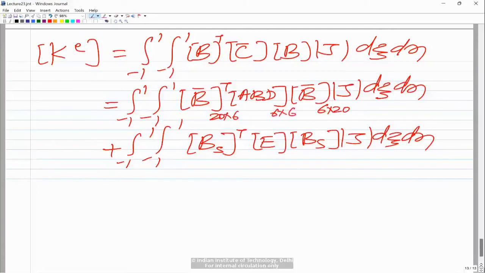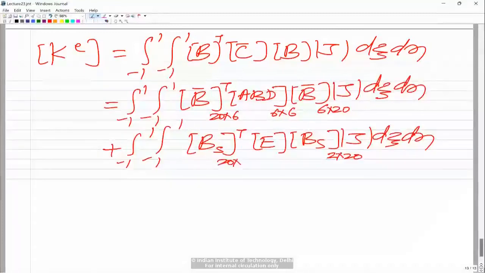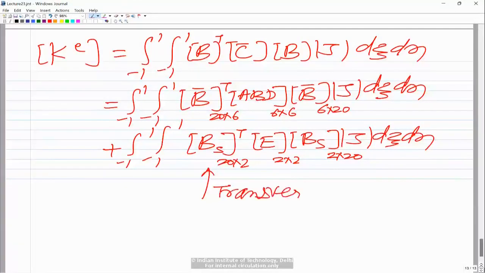Overall it is still contributing to a 20 by 20 matrix, but now the elements are fewer. And BS, we are taking the last 2 rows of B bar, so that would be 2 by 20, its transpose is 20 by 2, and we are taking the last 2 rows and columns of C bar, so that is 2 by 2, and we are calling that E. This part is coming from the transverse shear strains.